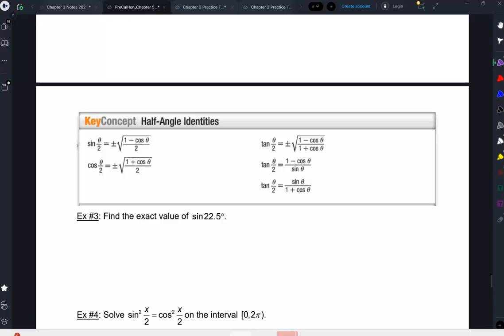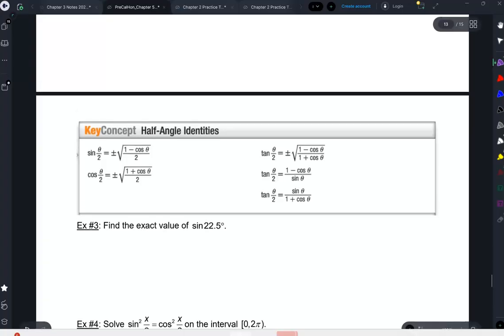Let's go to half angles. Remember how we know how to do trig functions for 45 degrees and for 30 degrees. And then there was a time we didn't know how to do anything for 15 degrees, right?